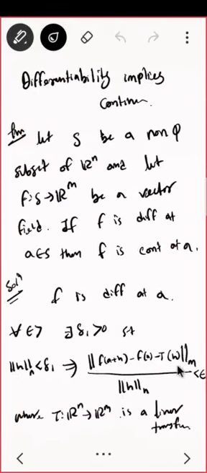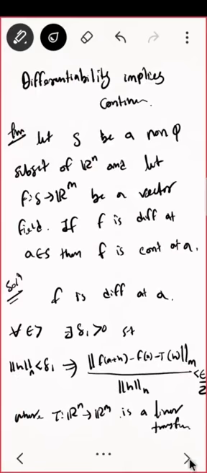That means for epsilon positive, there exists delta 2 positive such that norm of H less than delta 2 will imply the continuity, that is norm of T of E plus H minus T of E, with norm in Rm, is less than epsilon by 2, and there also I need epsilon by 2 only to meet. So here also we keep epsilon by 2.